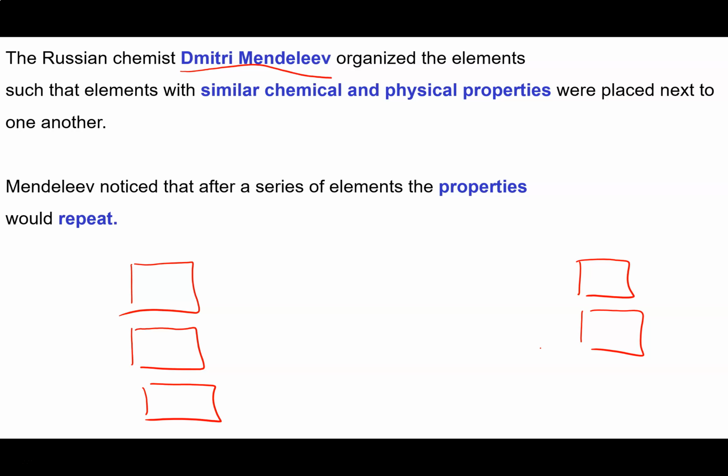So it's kind of like organizing people from tallest to shortest, right? You put all the tall people closest to one another, and the short people are down the other end, and you just put things next to their nearest neighbor.